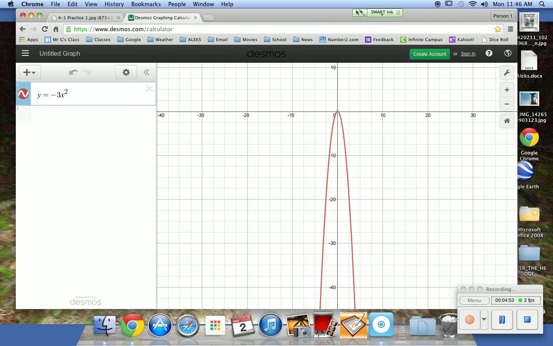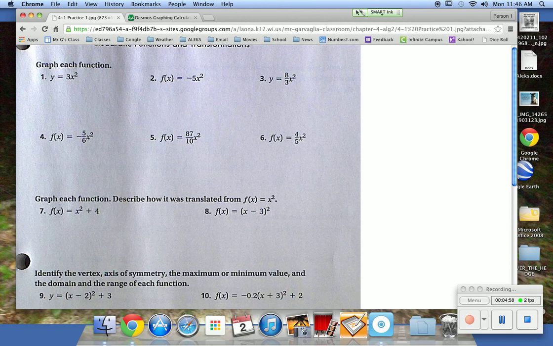All right? So if we look back at this one here, where it's a negative 5/6, what do you think that graph would look like? Which way would it be going? Yeah, it's a negative 5/6. What do you think would happen? The graph would be going down, right?